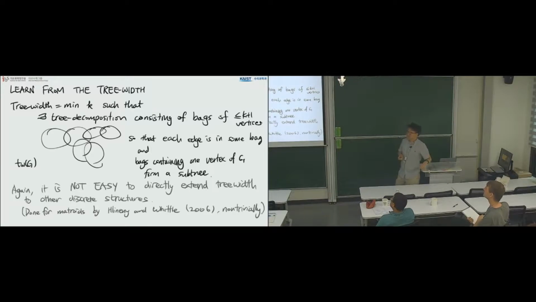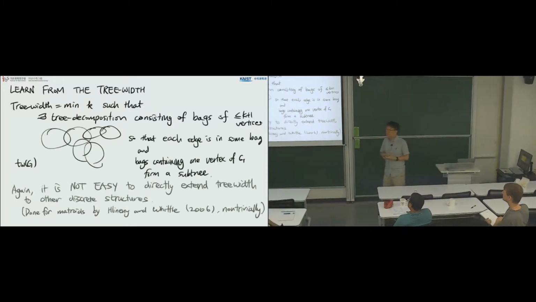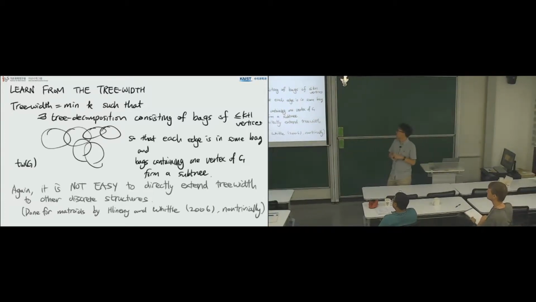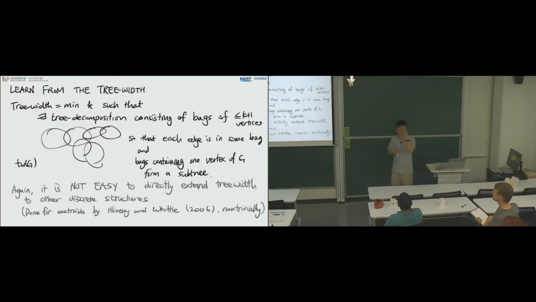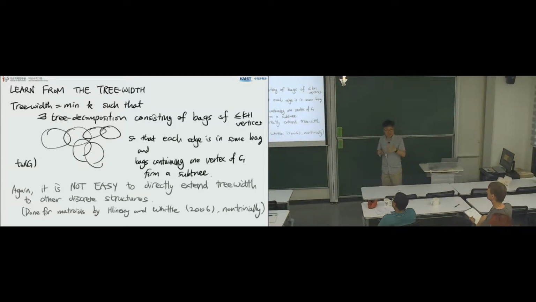So here's another example where we did something similar. Tree width is a well-known concept in structural graph theory, where you want to describe a graph as a tree-like structure. If you look at the definition of tree width, you also use vertices and edges in a non-trivial way.